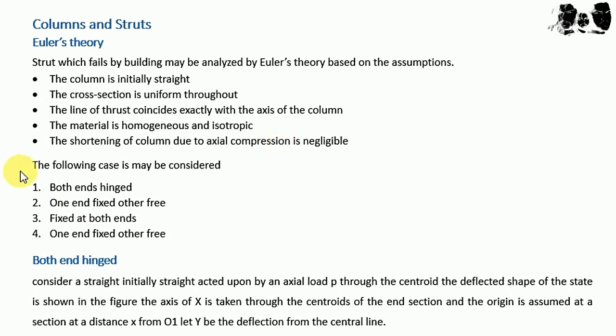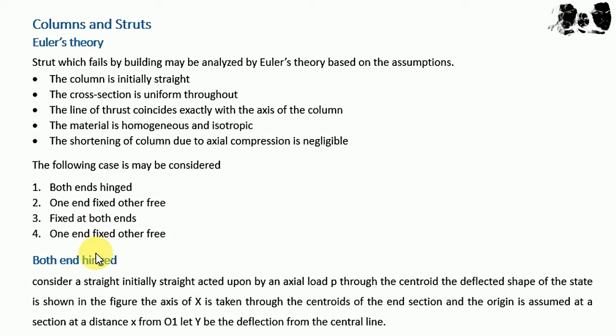The following cases may be considered. To solve different conditions, we have four cases. As I already told you, any column or strut has two points, two ends. According to the condition of the two ends, that is, what type of joint it has, that decides what type of loading makes it cripple or buckle.